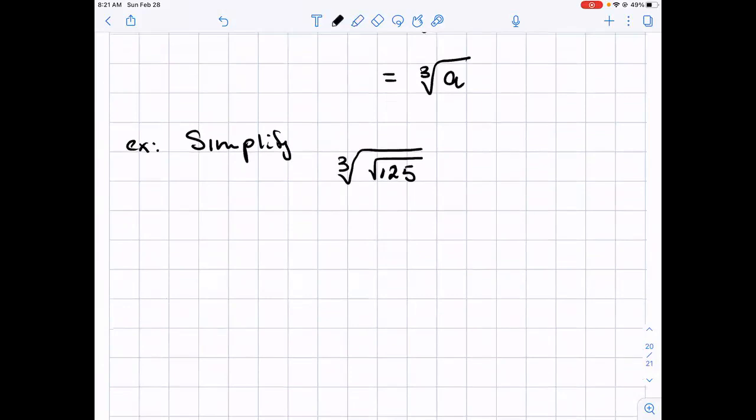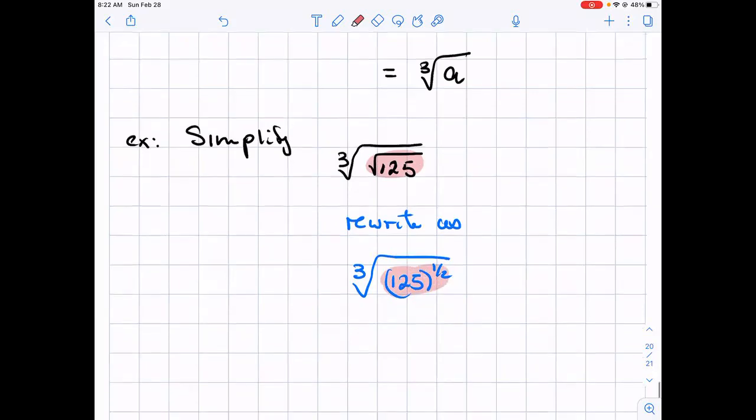I can rewrite this as the cube root of 125 to the 1/2 power, because this portion in here is a square root, and square root we know is 1/2 power.